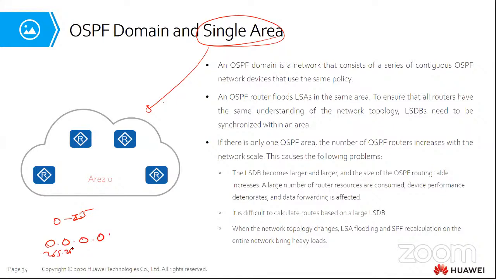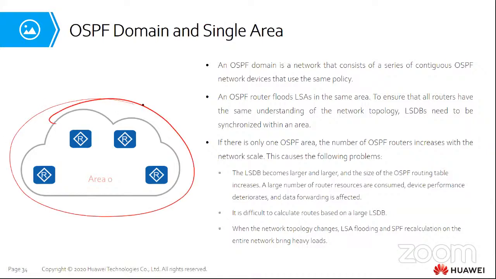So it can range from that up to that. But it is important to note that if you're working with single area OSPF, the area number can be any supported number, 0 all the way to 255.